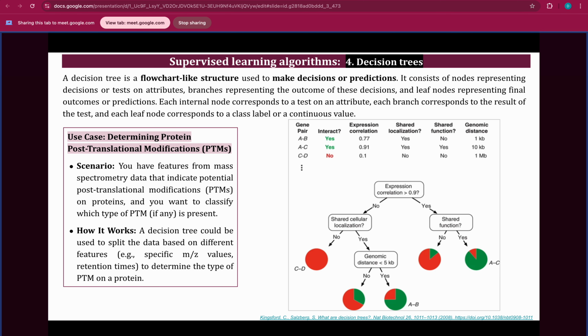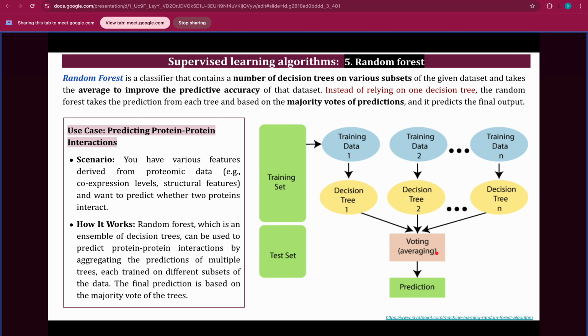Now if you have a single sample data set, then it is quite easy to make a decision tree. But what if you have multiple sample information and multiple data sets, and in some cases it goes with yes, in some cases it goes with no, then how will you decide? In such cases we go for random forest when we have multiple training data sets. We will have multiple decision trees and we will try to average them.